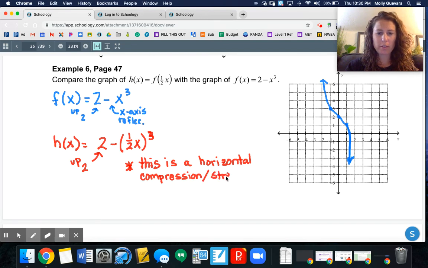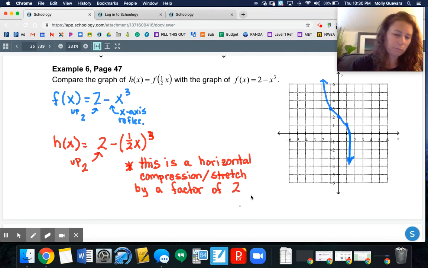So it depends on what the problem is, right? Sometimes it could be a compression, sometimes it could be a stretch. Okay? Now, this is where it gets tricky. By a factor, we would think it would be 1/2, right? But it's not. It's the reciprocal of 1/2, which is 2.